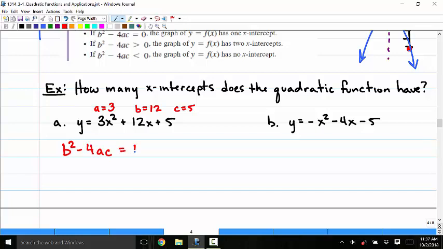B squared is 144 minus 4 times 3 times 5. So 144 minus 20 times 3 is 60. What is that, 84? Is that equal to 0, positive, or negative? Positive. It's positive. So how many x-intercepts do I have? 2. 2 x-intercepts.